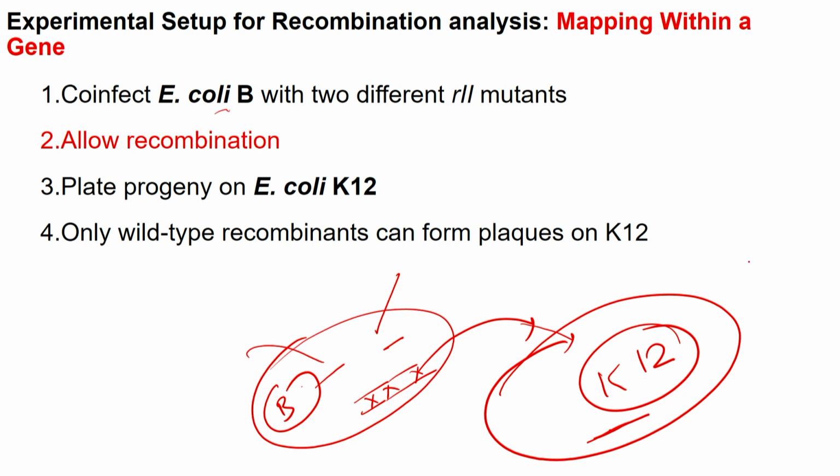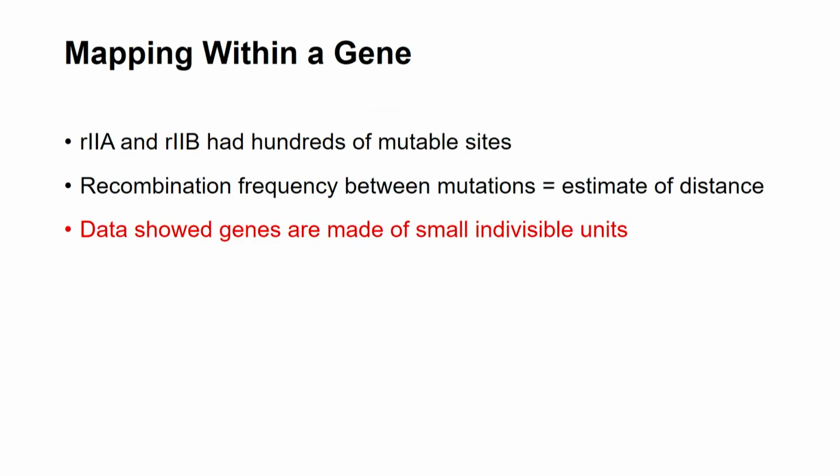And so what he did, by diluting serially, he was able to understand how much virus he had used to start with, and then out of that many viruses, how many were actually growing on the K12 cells, to understand the recombination frequency. So mapping within a gene, now we are talking about intragenic.